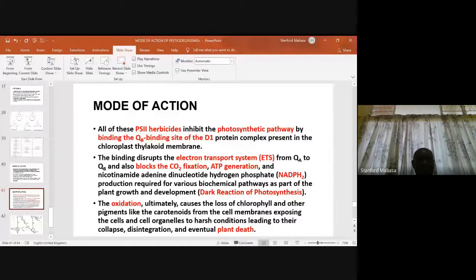Once it's blocked, then fixation of carbon dioxide is also affected. So ATP generation is affected. And the dark reaction of photosynthesis is also affected. We know the dark reaction is the one which is responsible for the production of carbohydrates.